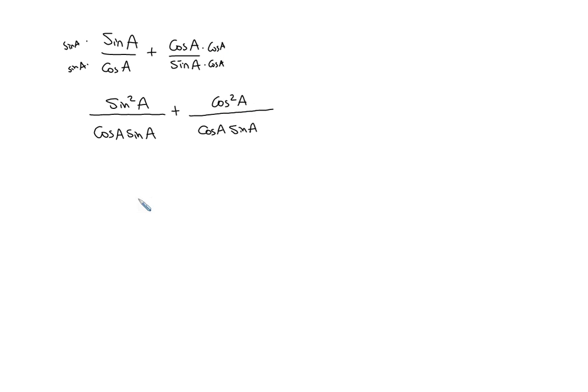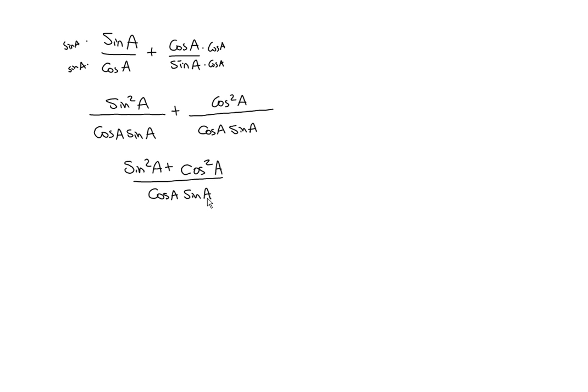Cosine squared A. Now I put those together into sine squared A plus cosine squared A over cosine of A sine of A.